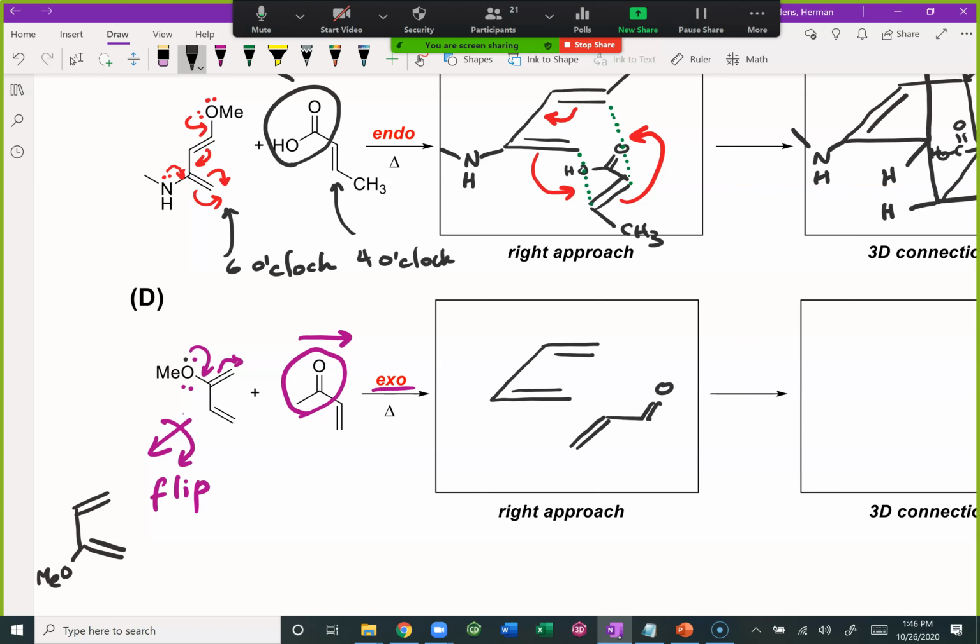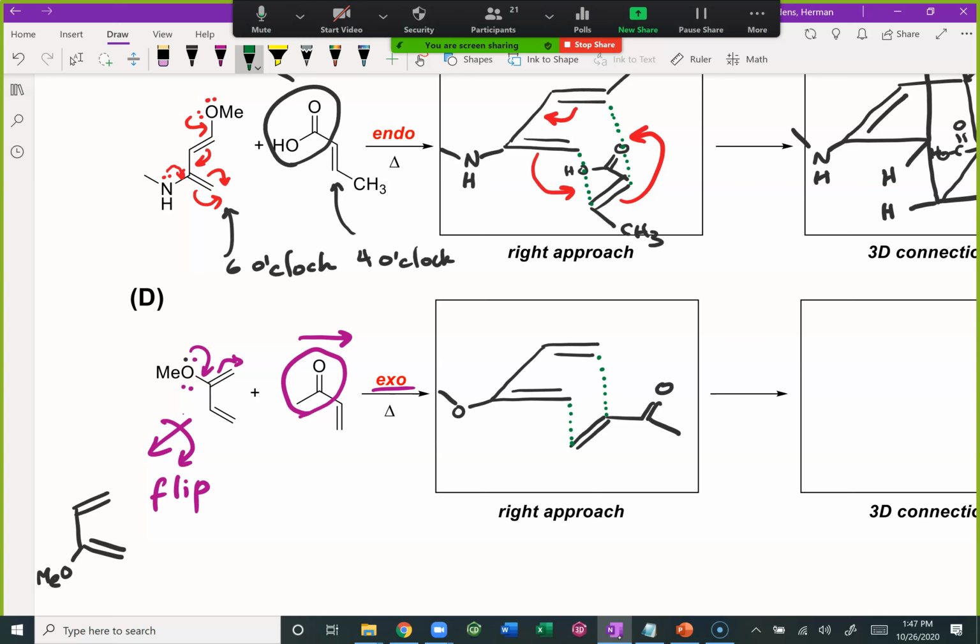So this group will be down like that, and I have a methoxy group that's coming up here. You can do the OMe, or you can simply put a methyl group there. Same thing. All right. So we're getting more and more advanced as I talk to you. So make the right approach. That is the right approach.